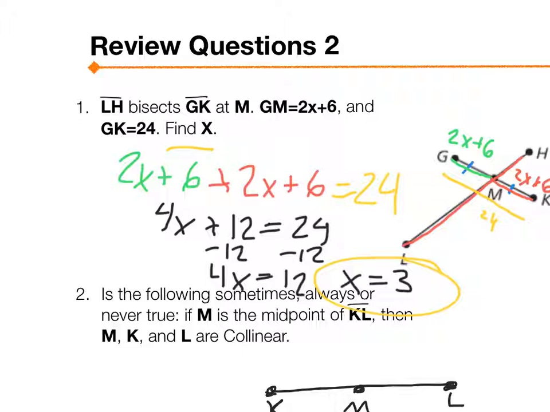This is always true because if we have a point that's the midpoint of a segment, then that midpoint will always be on the line. So that way, K, M, and L are always collinear. So it would be always true.